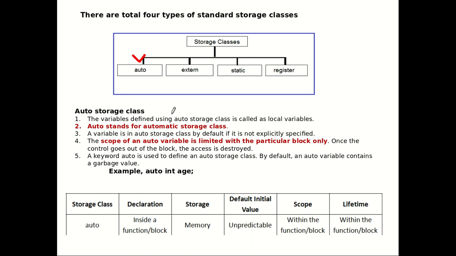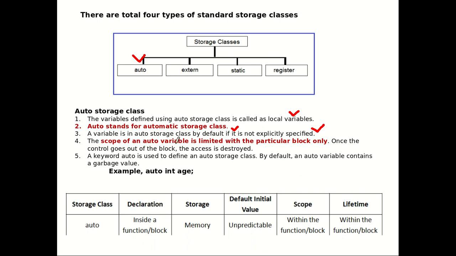First, the auto storage class. A variable defined using the auto storage class is called a local variable. Auto stands for automatic storage class. A variable is in the auto storage class by default if it is not explicitly specified. So even if we don't specify any storage class, that particular variable is treated as an automatic storage class variable.